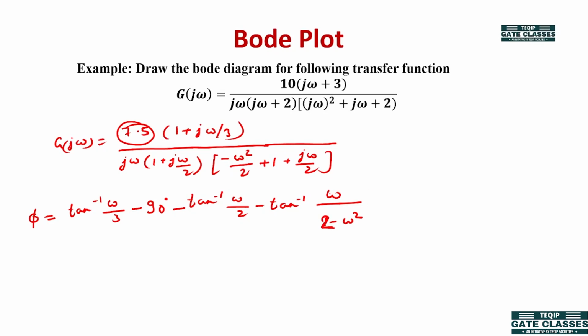Okay, so when we put omega is equal to 0, we get phi is equal to minus 90 degrees.